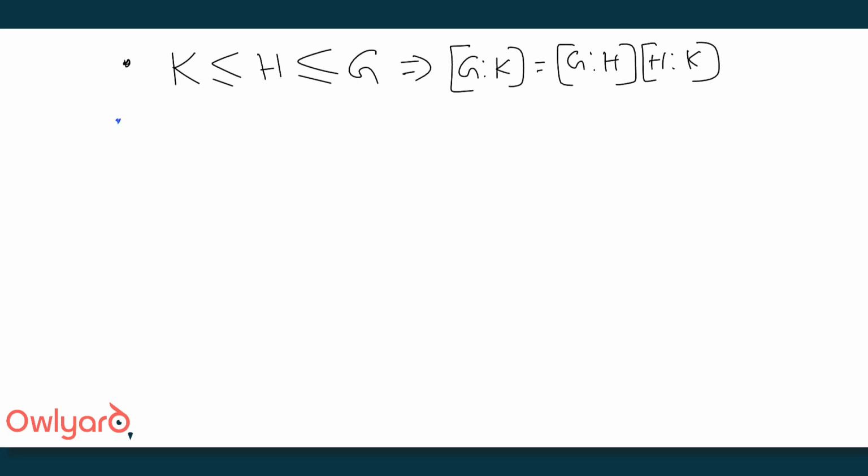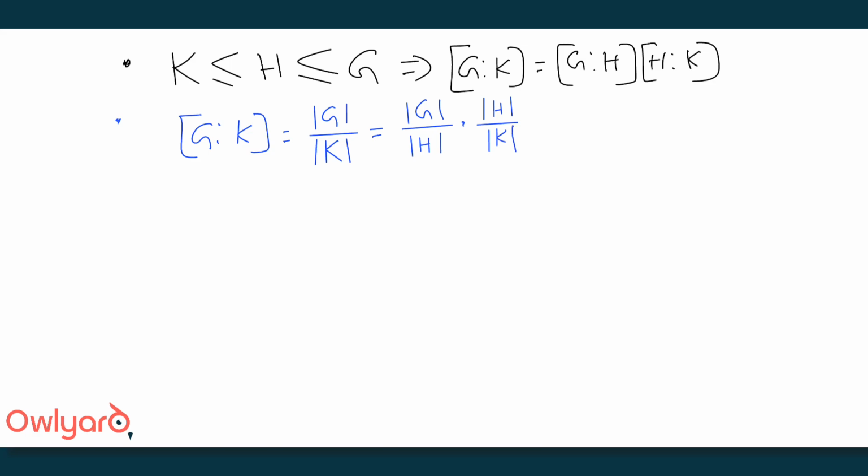Now first of all, why is it involved and why is it interesting to begin with? Isn't it true that I can write the index of K in G using Lagrange's theorem as the order of G divided by the order of K, and then I can write this as the order of G divided by the order of H times the order of H divided by the order of K, and then finally I can rewrite it in the index notation, which looks like what we wanted: the index of H in G times the index of K in H. So doesn't that prove this theorem?